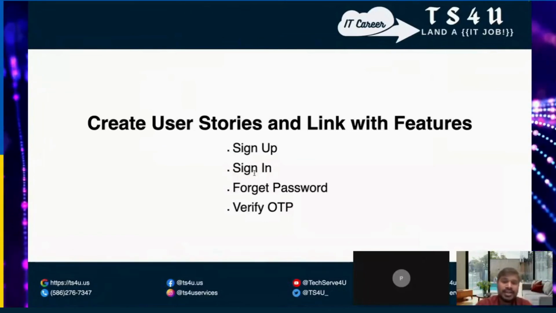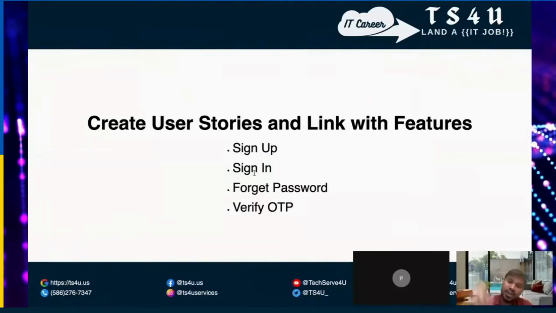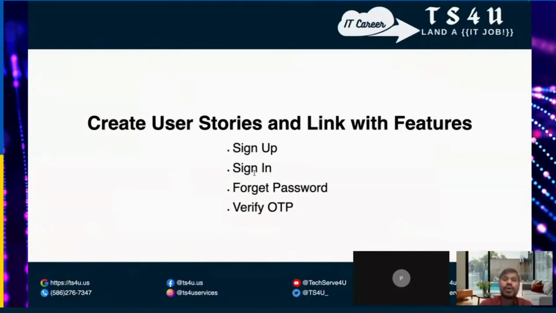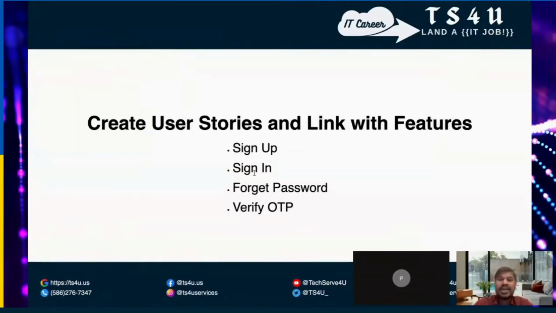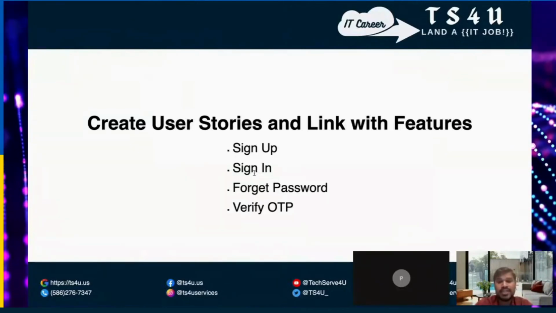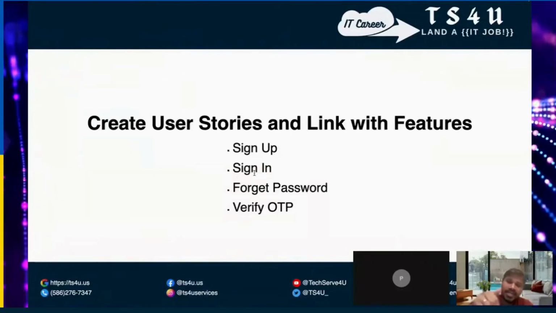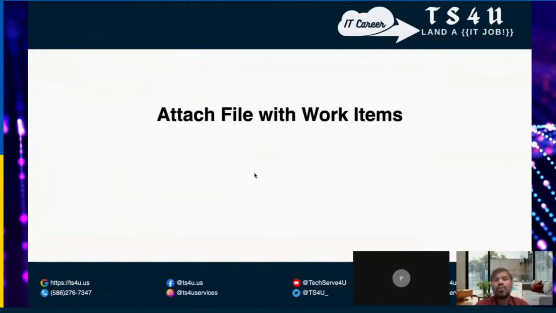A user story is a new functionality that needs to be added that does not exist in the application or the platform today. So we have created a new user story, which is to create a complex password so that a user should be able to register with a complex password, instead of currently where a user can only log in with a regular password.